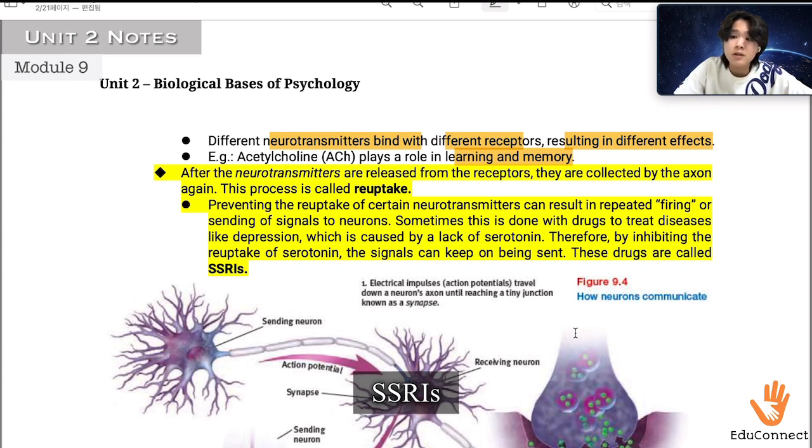And this is a really important concept and a really important term that you want to remember, because on the FRQ section, they always, every year, ask you about SSRIs. So you need to be able to explain exactly what SSRIs are and what they do and what kind of function they have and how they are formed.